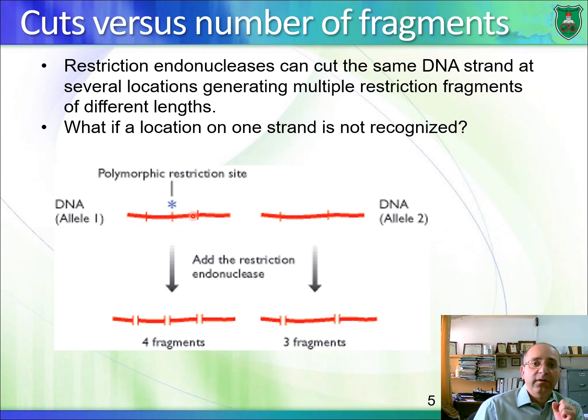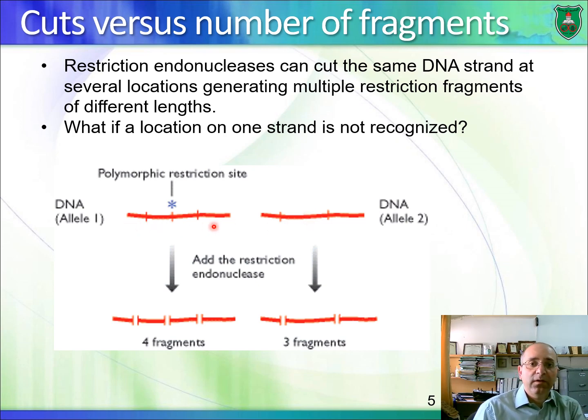So in this case, if I take the DNA from that person and I add the restriction endonuclease, it would make a cut right here and right there for the first chromosome, and for the other chromosome, it would make a cut right here and right there, and that's it. It would not be able to make a cut right there.